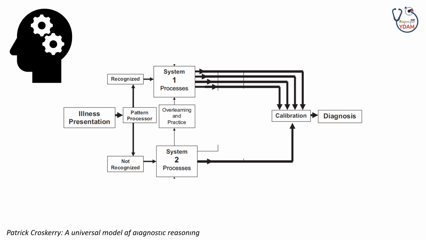This is the model that has been adapted by emergency physician, professor in emergency medicine, and psychologist Patrick Croskerry, I think from Dalhousie University in Canada. He's one of these people who are really interested in decision making and has written books. There's a great book called The Cognitive Biopsy, which is case based, and if you want to learn about decision making in emergency medicine, this is a great book to buy.